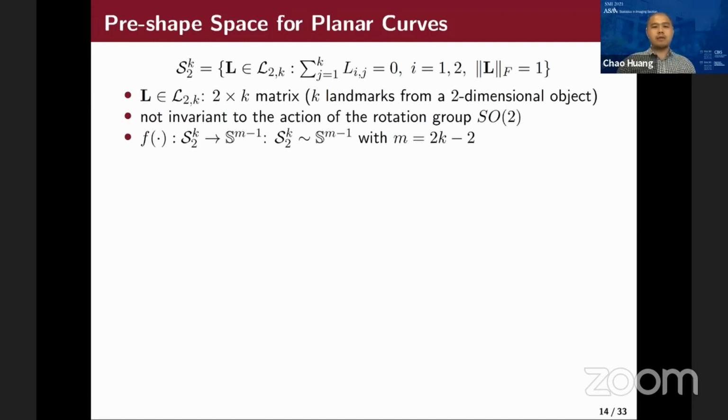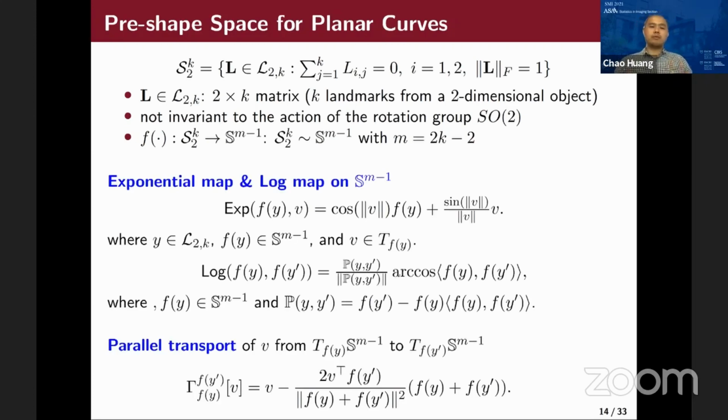Okay, and as we know, there exists a map which can connect this pre-shape space and the hypersphere space. Here we call this function f, and we know that with this f function, the pre-shape space is equivalent to this hypersphere space.